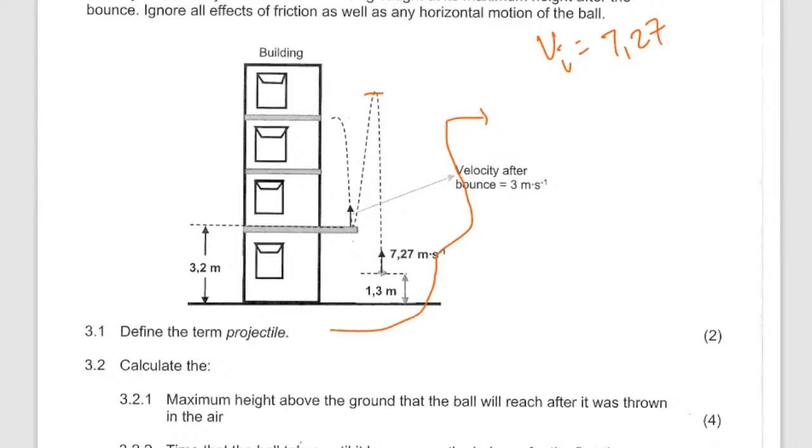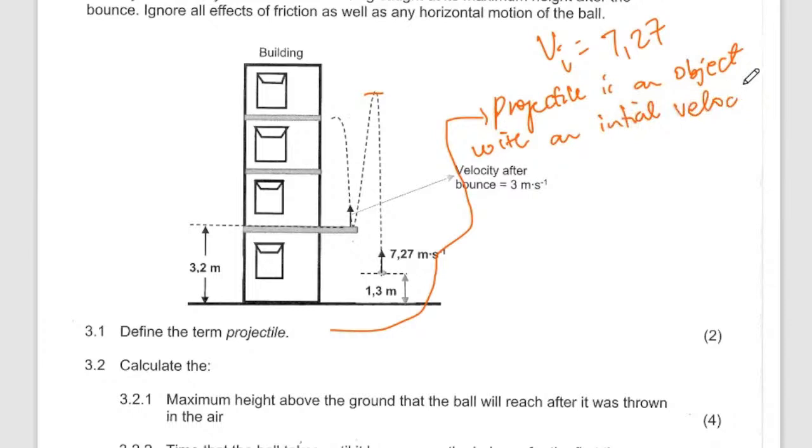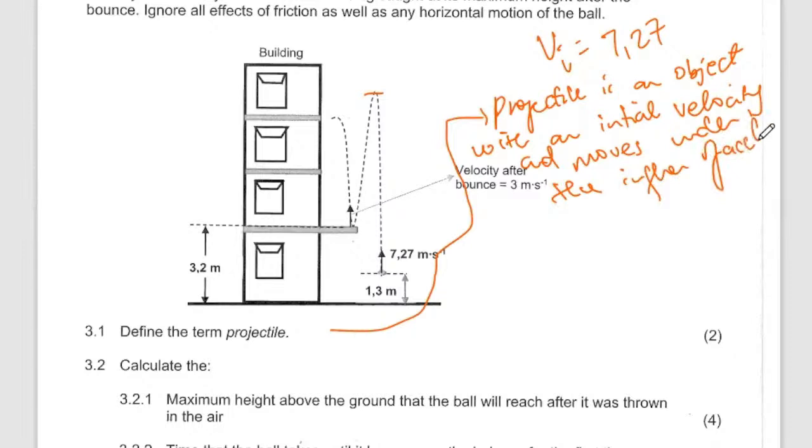So a projectile is an object with an initial velocity that then moves under the influence of the acceleration due to gravity.